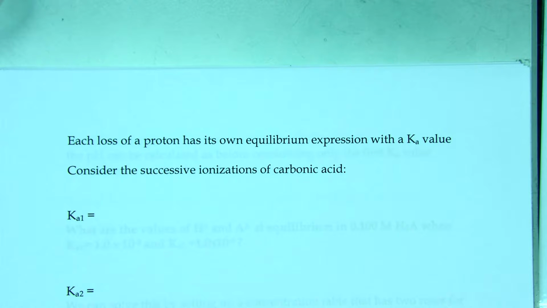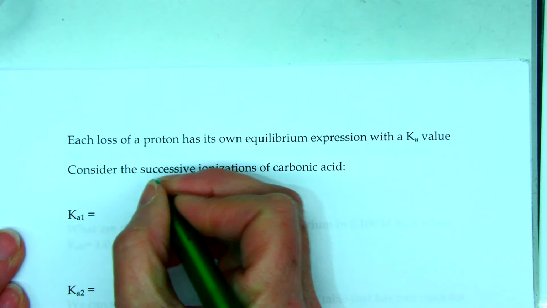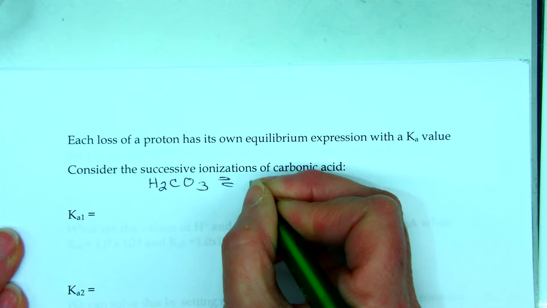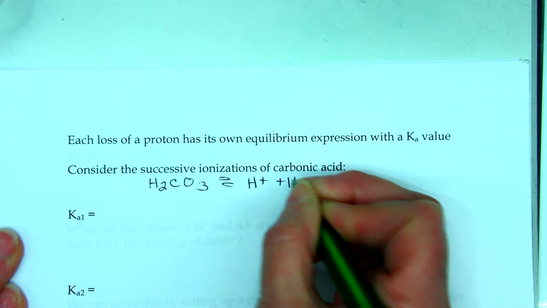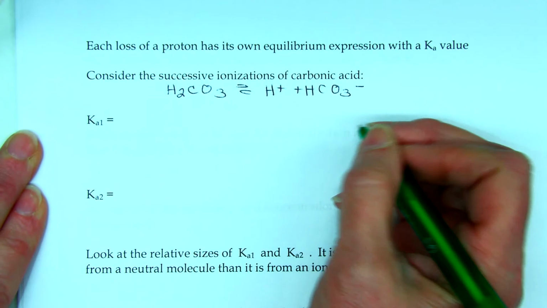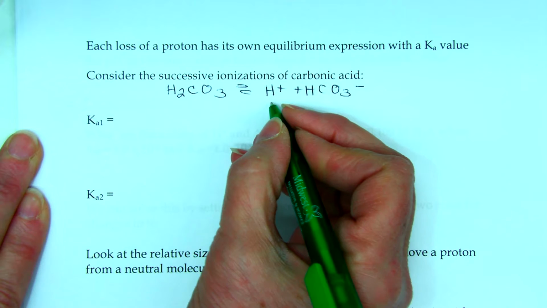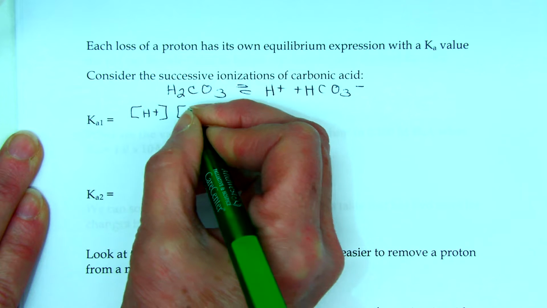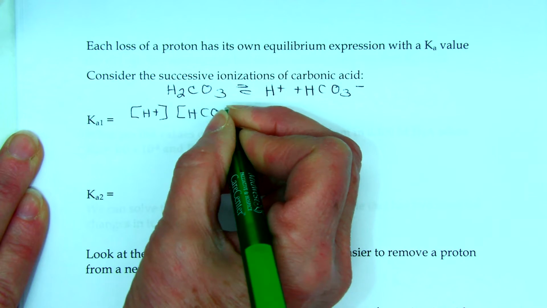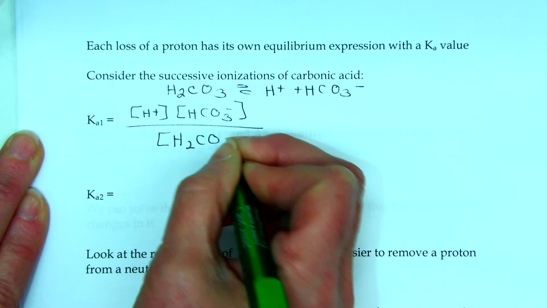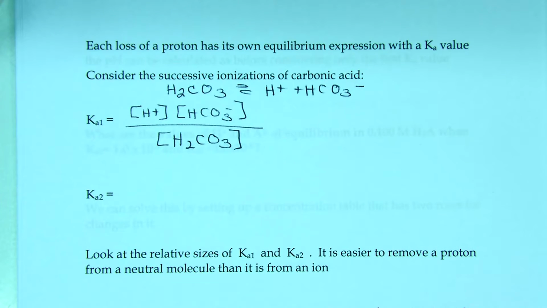So let's look at the example of carbonic acid. We've got carbonic acid in equilibrium with a hydrogen ion plus a hydrogen carbonate ion. And we can write the Ka expression for this. Ka1, because I'm losing the first proton, is equal to the concentration of the hydrogen ion times the hydrogen carbonate ion divided by the carbonic acid concentration.